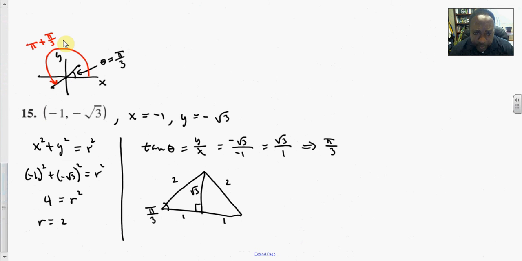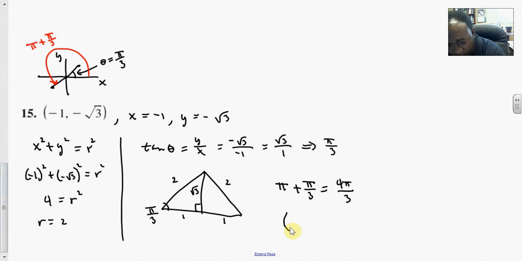So if that be the case, then pi plus pi over 3 is 4 pi over 3.